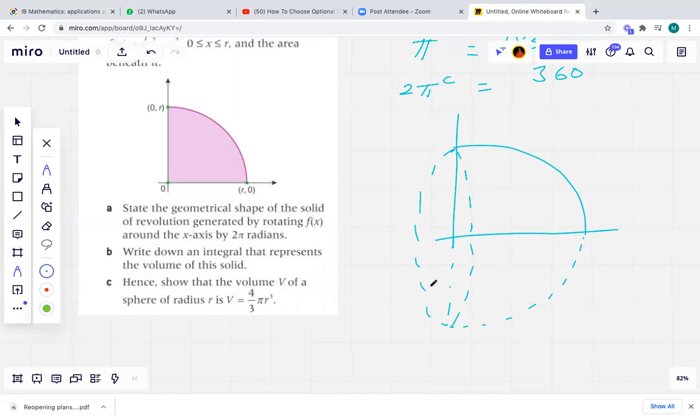Is that correct? Yes, sir. You've understood? Now write down an integral that represents the volume of this solid. This is the hemisphere.